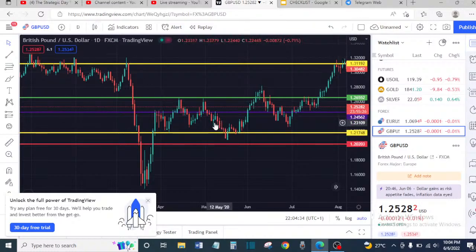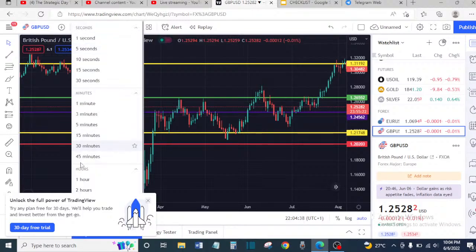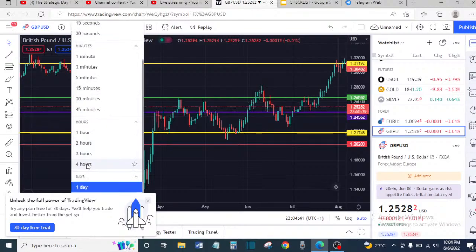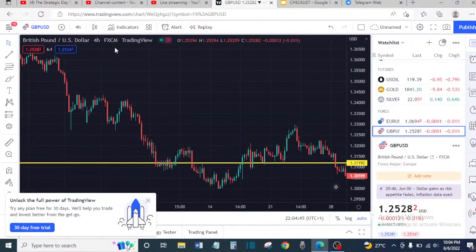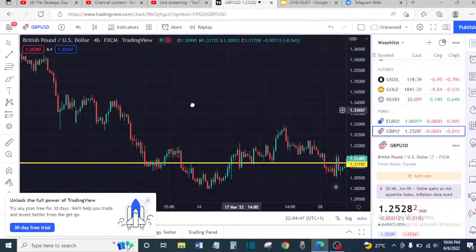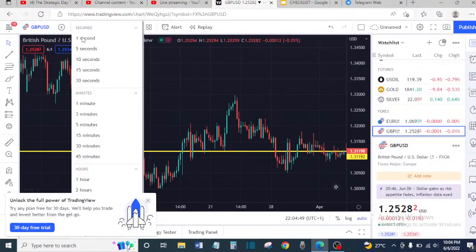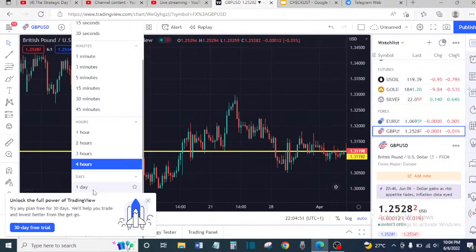If you check the 4 hours chart, so let's check the 4 hours chart, let's see what we can find there. You can switch to 4 hours, if you are using this daily as your signal point. I made a mistake, I need to bound.